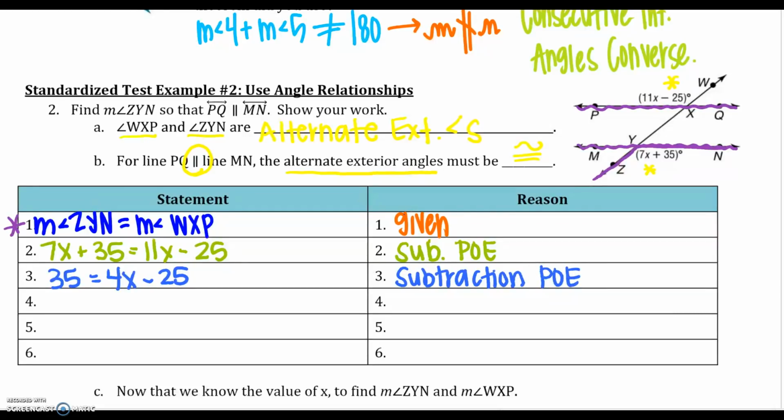I am then going to add 25 to both sides, so I would get 60 equals 4x. So I'm going to use the addition POE. Then I'm going to divide, so I would get 15 equals x.